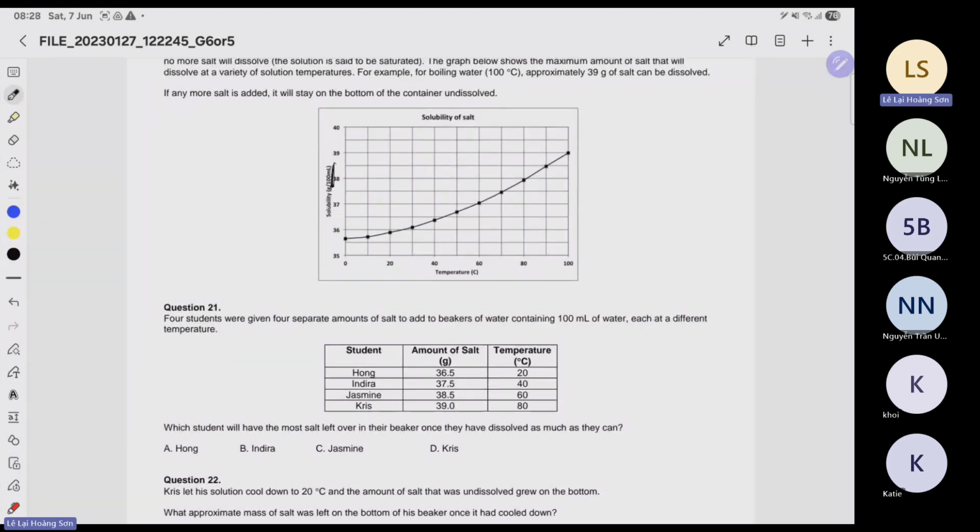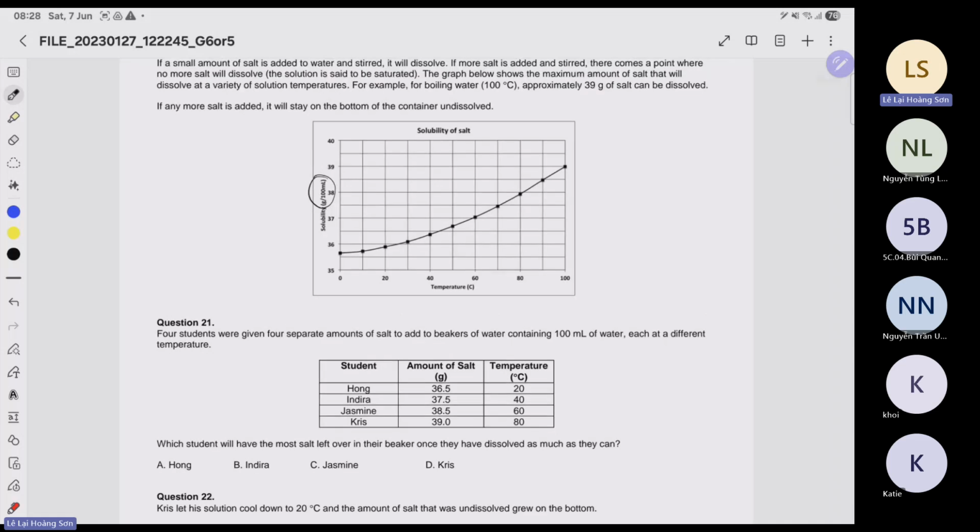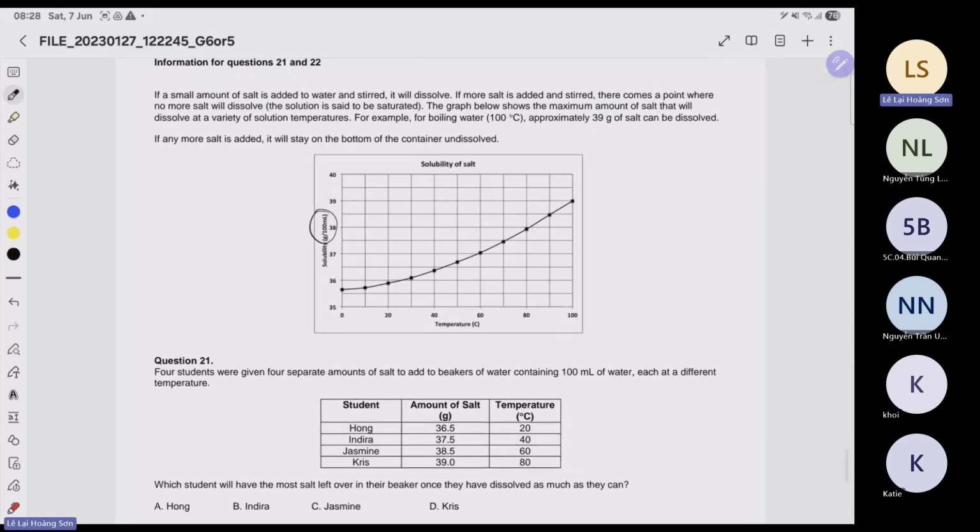And take a look at here. This is the solubility in 100 milliliter. All right, in 100 milliliter. Okay, which student will have the most salt left in the beaker once they have dissolved as much as they can. So in the experiment, you add 30.39 grams salt into... wait, let me read through the question again.